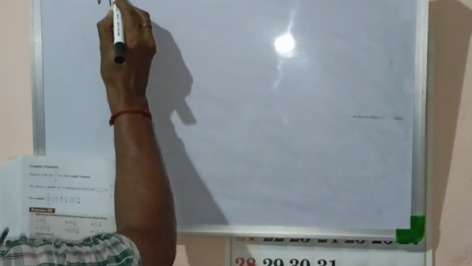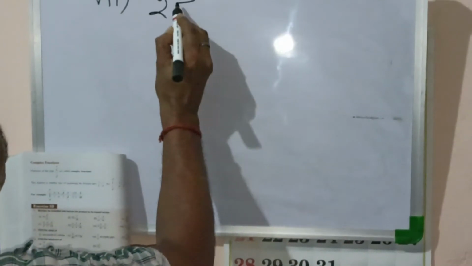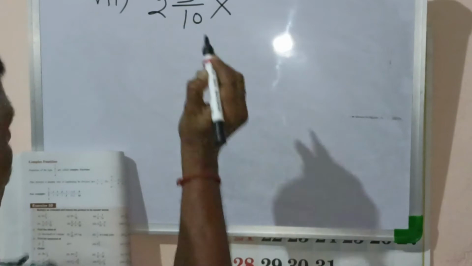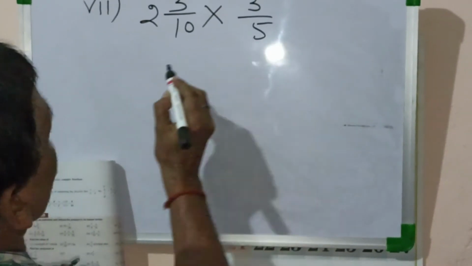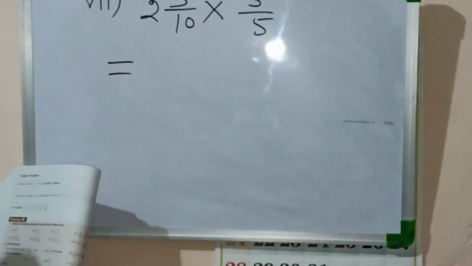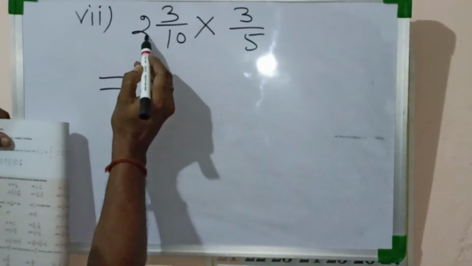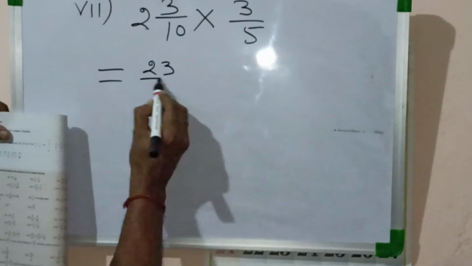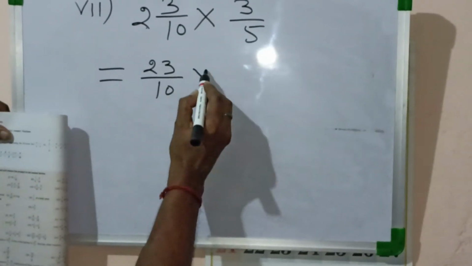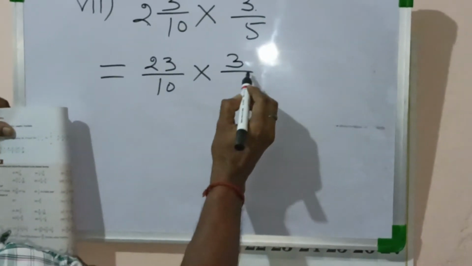Now the seventh part. 2 whole 3 by 10 into 3 by 5. So 2 whole 3 by 10 means 10 twos are 20 plus 3, that is 23 by 10 into this 3 upon 5.